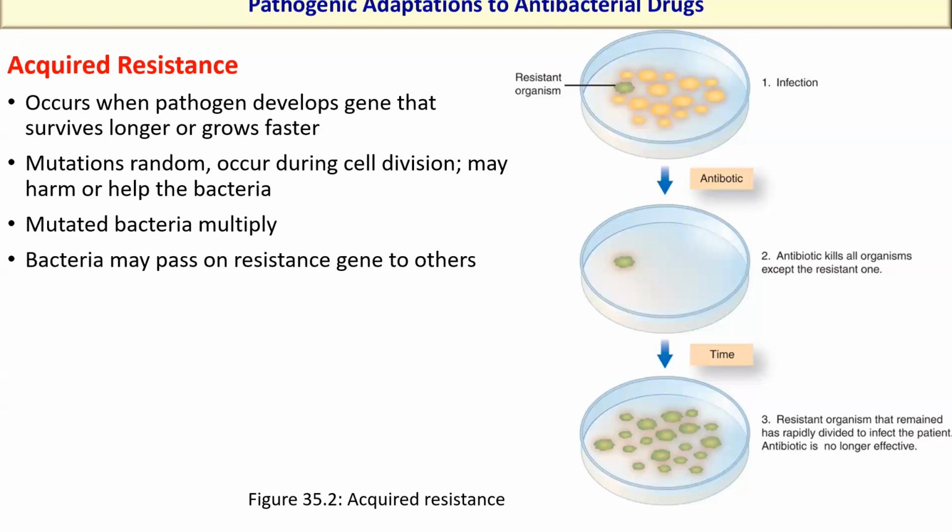But these are other reasons for the resistance. Acquired resistance occurs when the pathogen develops a gene that will let it survive longer or grow very fast and quicker than normal.